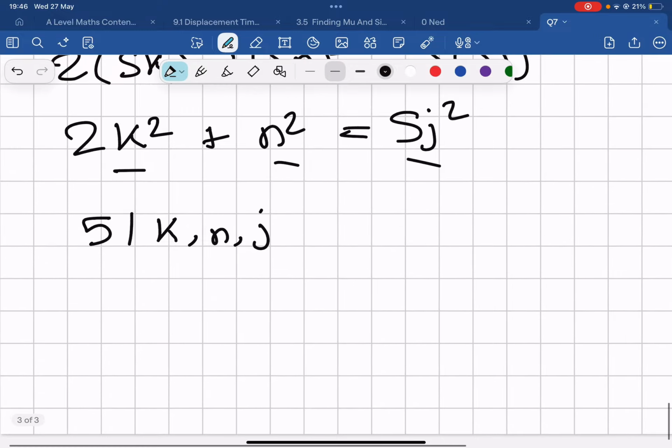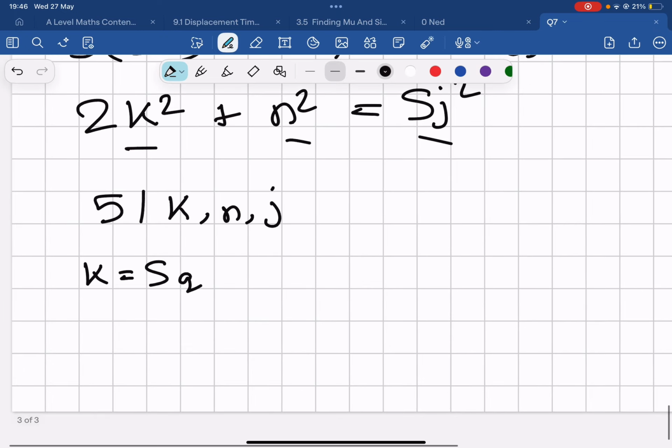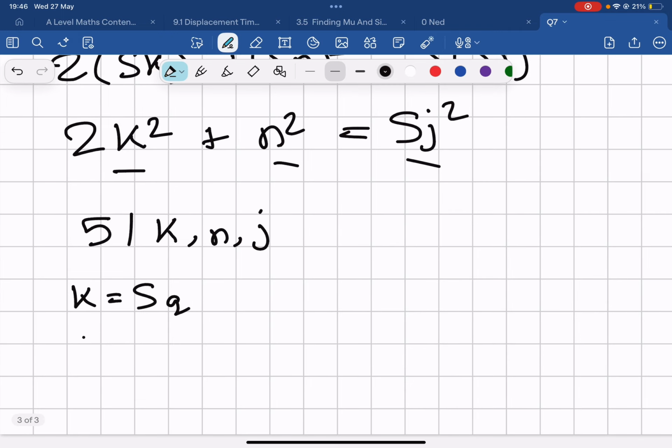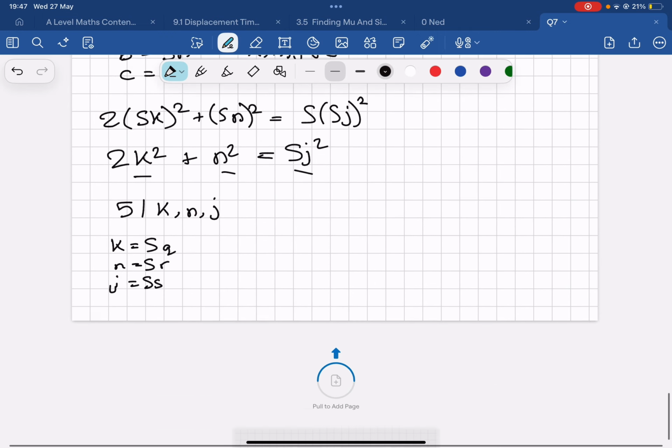And if you do the same again, let k equal 5q, n equal 5r, and j equals 5s, where q, r, and s are integers. We're going to put these numbers back into this equation, and we're going to get the same structure again. So we've got this infinite cycle of equation type. Now how does that help us?